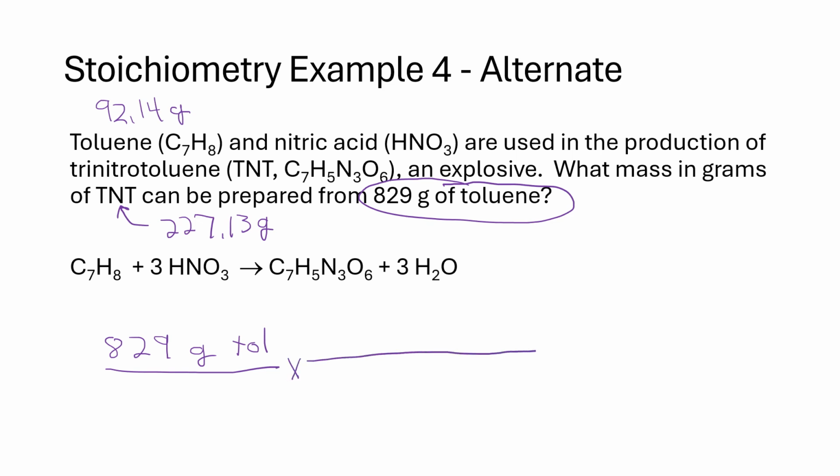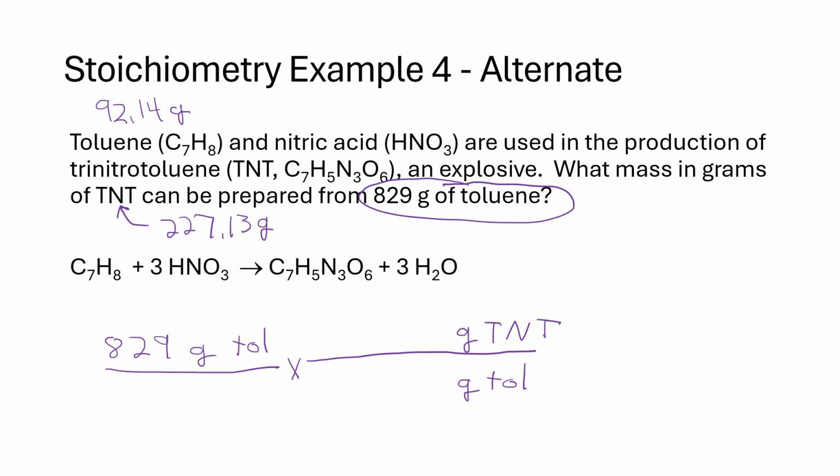So we start with the number, the unit, and the chemical that we're given. Down in the bottom of the next step, I'm going to write the unit and the chemical of the given. In the top of the next step, I'm going to write the unit and the chemical that we're looking for. We were looking for grams of TNT.